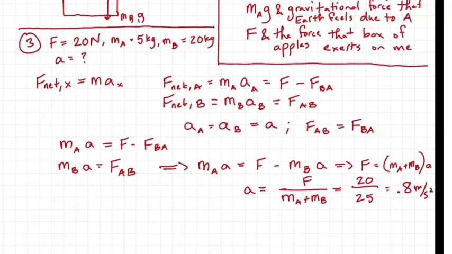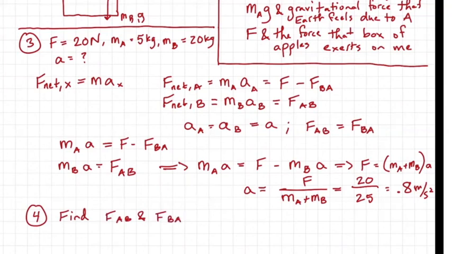The last part of this problem that I want to do is to solve for the force exchange between the two boxes. So that is the magnitude of FAB and FBA. Really what we're doing here is we're trying to find FAB and FBA, the exchange force between them.